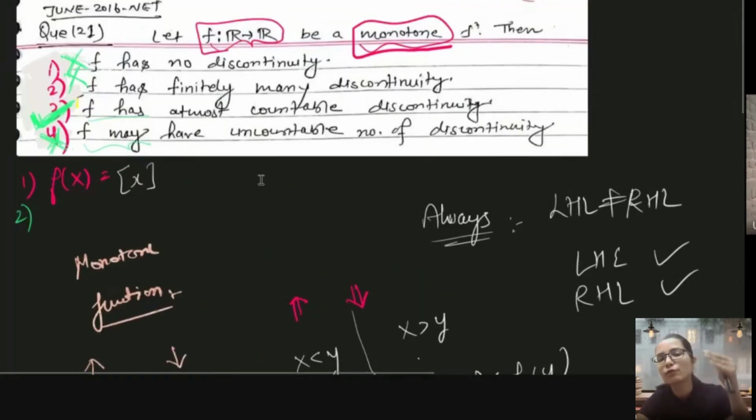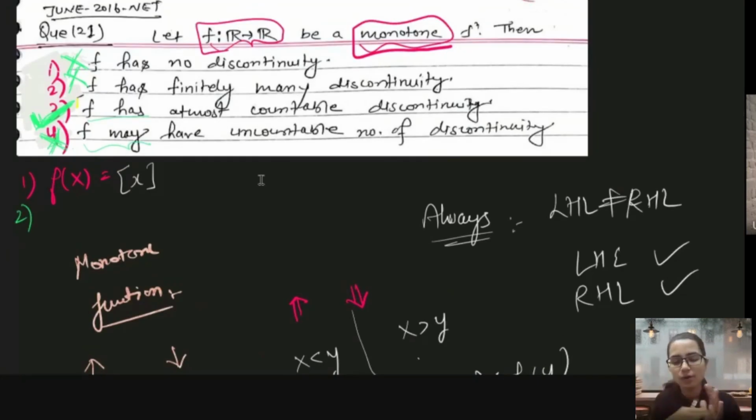Since a monotone function can always have just jump discontinuities, we need to count just the number of discontinuities. The maximum discontinuities they can have is the number of jump discontinuities, and we discussed that to be countable. So the third option came out to be correct.